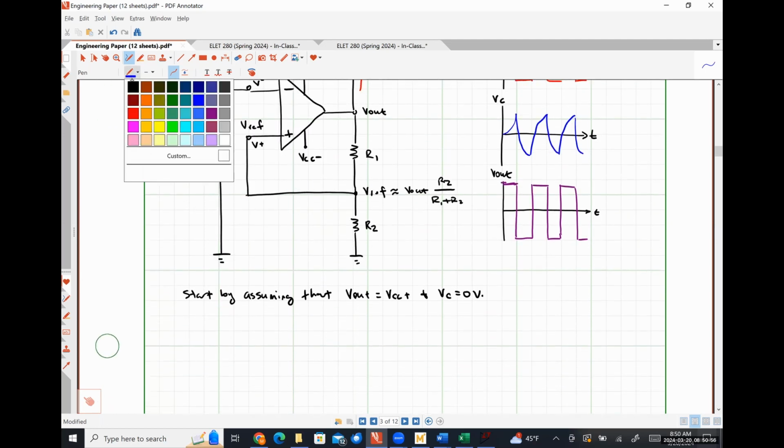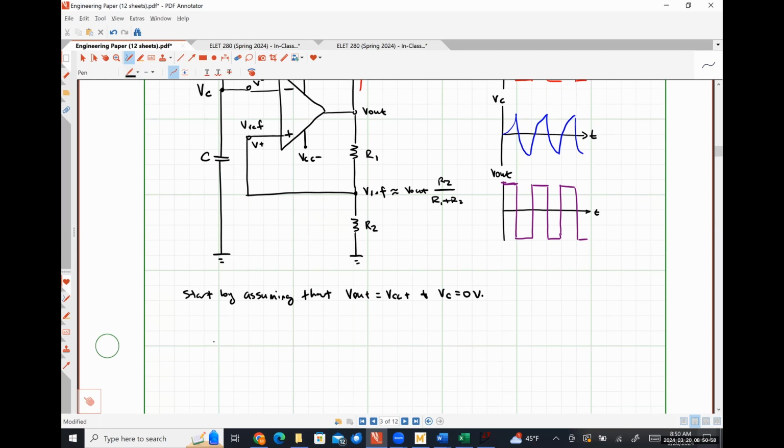So the period of our output signal is just going to be twice RC. Why do you think that RC is important? Because it's the time constant for an RC circuit. That's literally all this thing is.